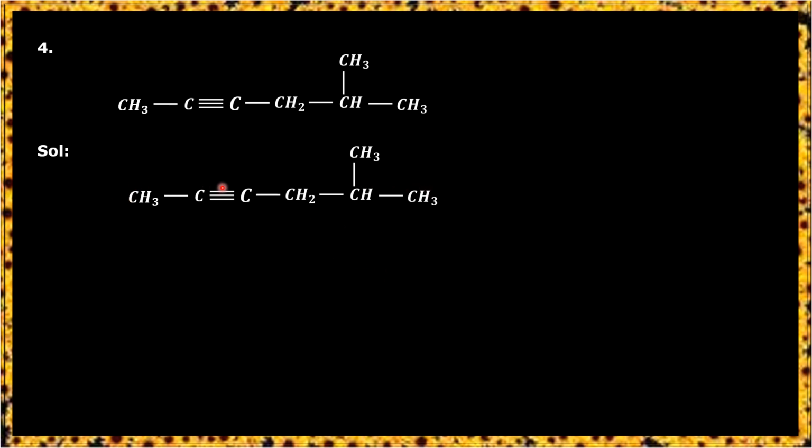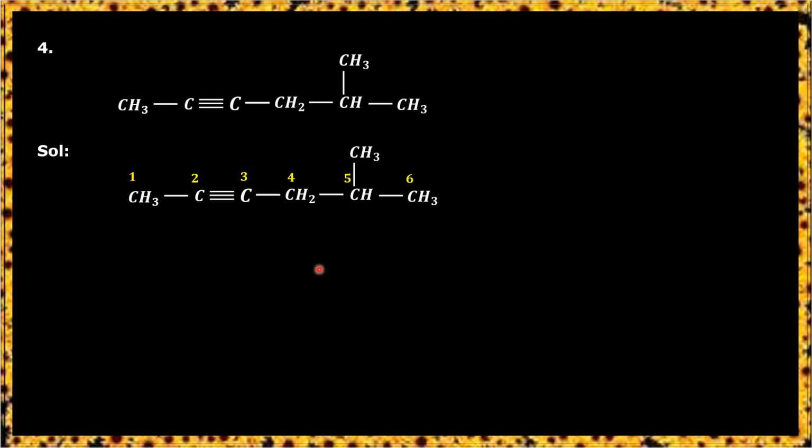You can select either this as the longest chain or this as the longest chain. Here I am selecting the straight chain as the longest chain of carbon atoms, and we have to give the numbering from left to right so that the carbon atom bearing the triple bond gets the lowest possible number.